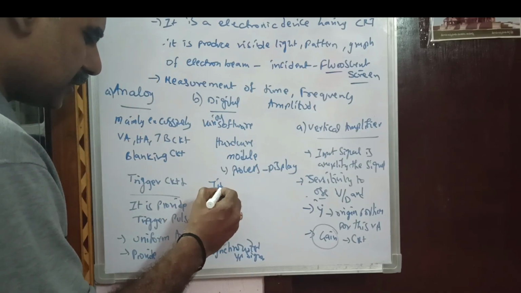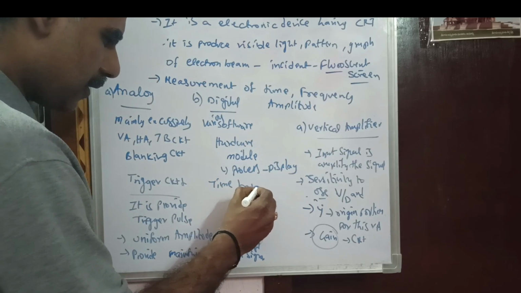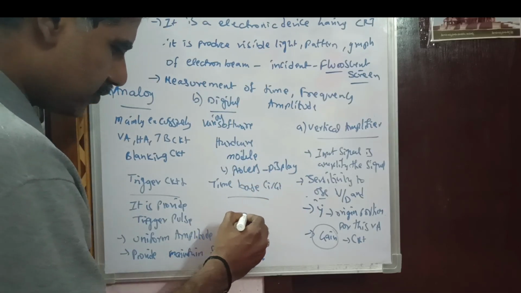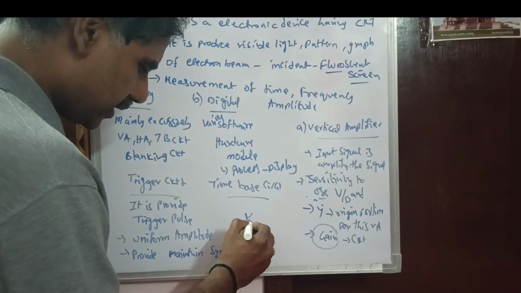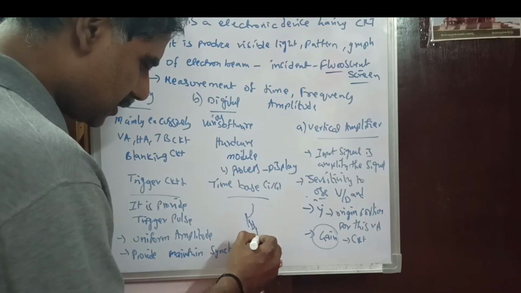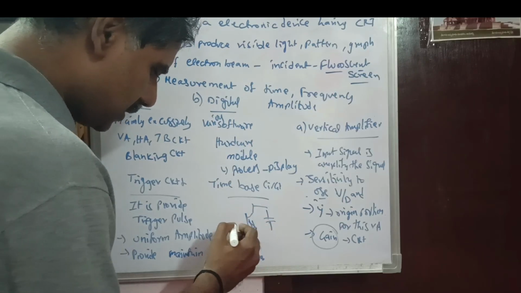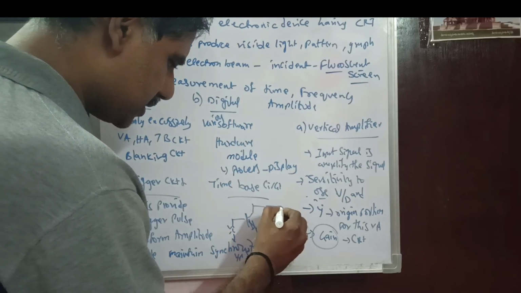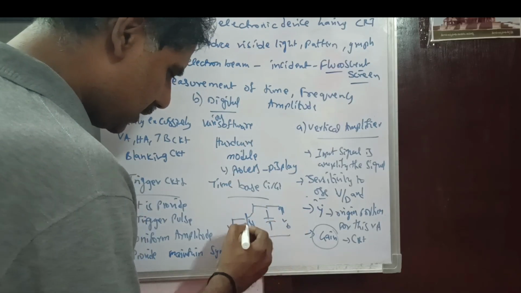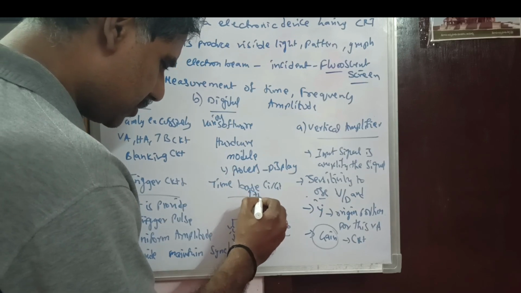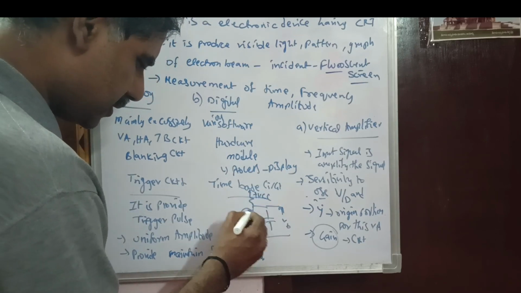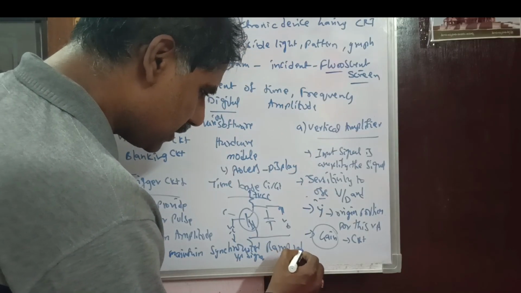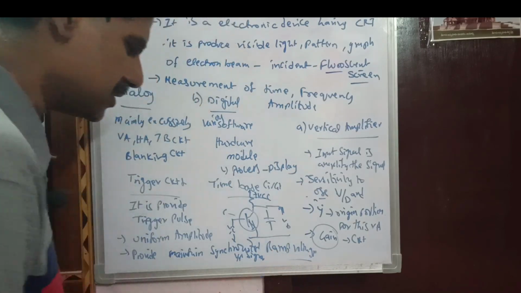Another one is the time-based circuit. In this time-based circuit, we are using a transistor. We apply an input and measure the output across a capacitor. A resistor has been connected, and a power supply has been connected. It is used to provide a ramp output voltage at the output, that is known as the time-based circuit.